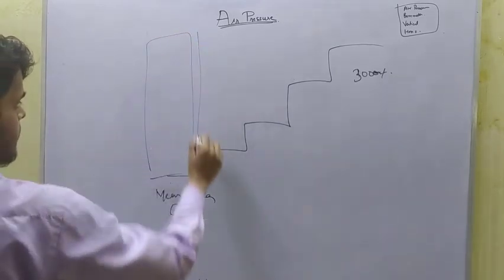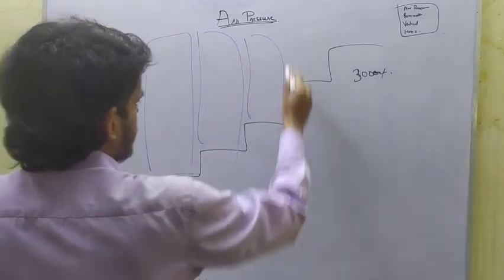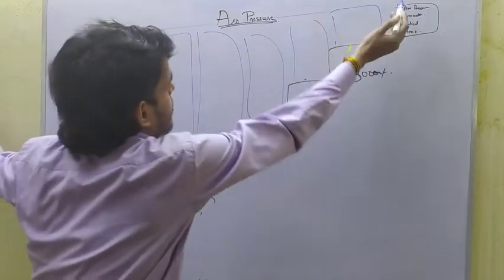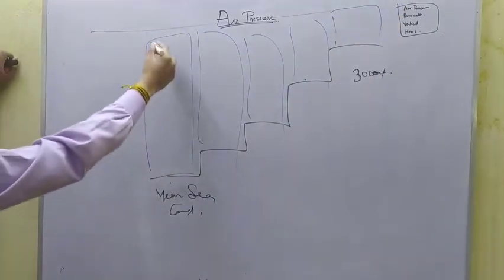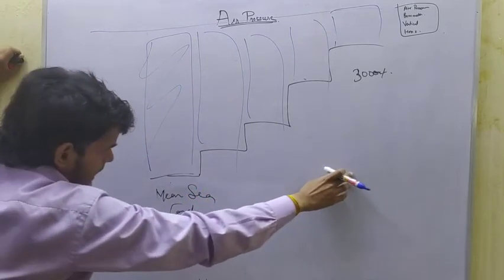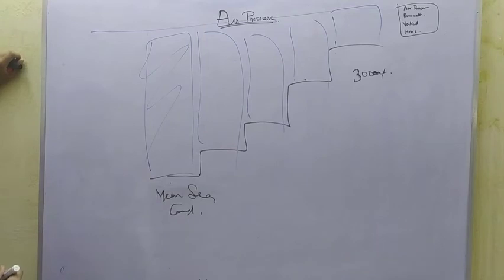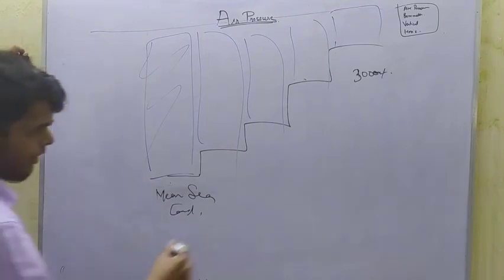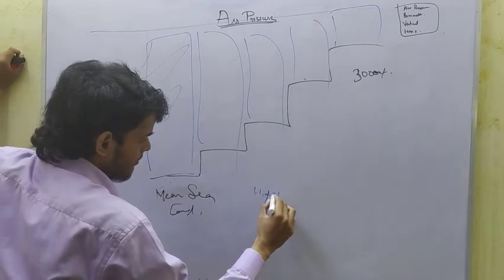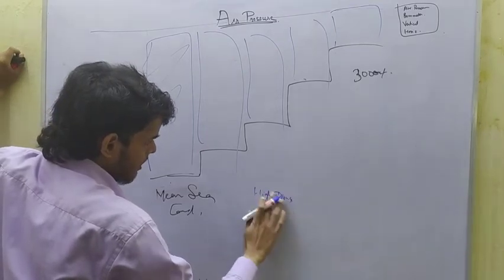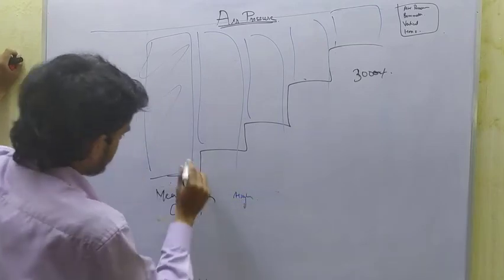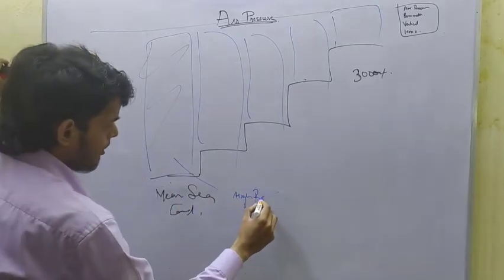This is the first column, this is the second column, this is the third column, this is the fourth column, this is the fifth column. This is the column of air. A larger amount of air is found at lower altitude. So that is why high density will be found here. High air pressure will be found here.